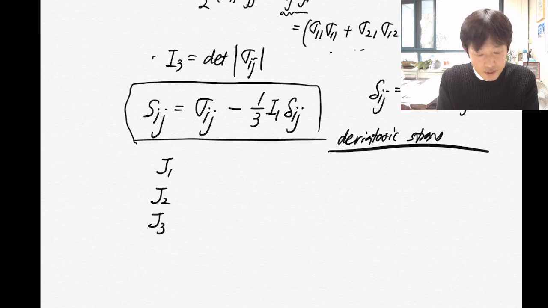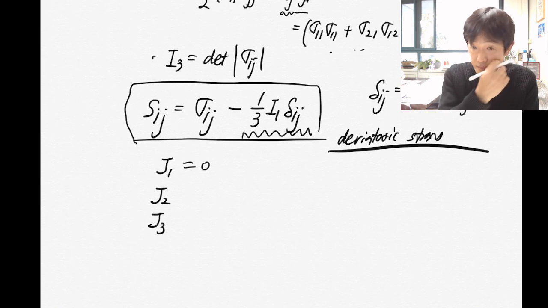As you understand, J1 is equal to 0 because we already subtracted the hydrostatic components from the original stress tensor. If you consider the sum over the diagonal terms of this deviatoric stress, that should be equal to 0. We can calculate the same for this deviatoric stress, and then we can calculate J2 and J3.